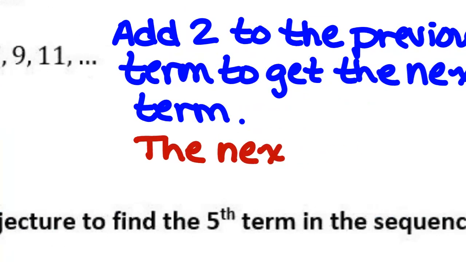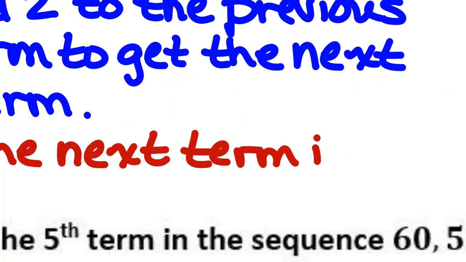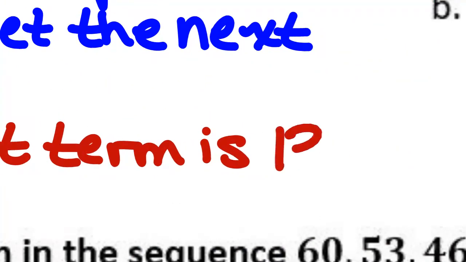What is the next term in this sequence? 13. 11 plus 2.